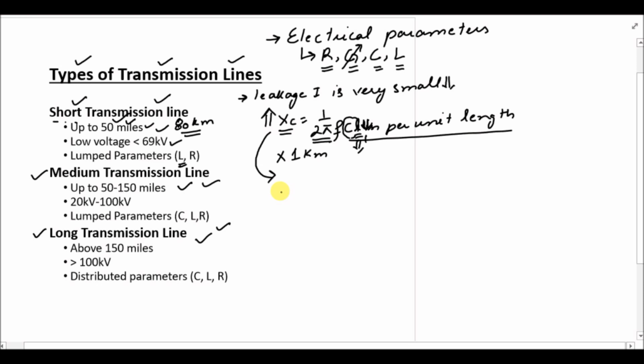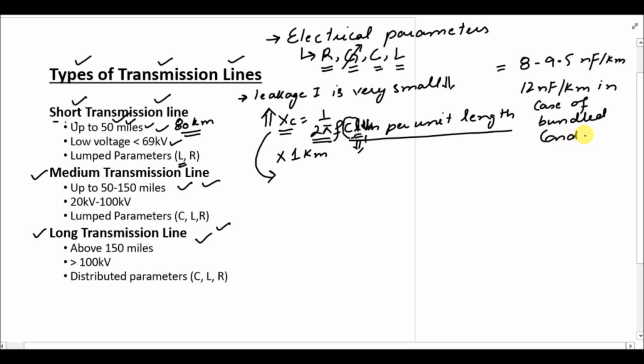Usually the capacitance value is between 8 to 9.5 nanofarad per kilometer, and it can go up to 12 nanofarad per kilometer in case of bundled conductors. So that's why we usually neglect capacitance in case of short transmission lines, and we use lumped parameters.